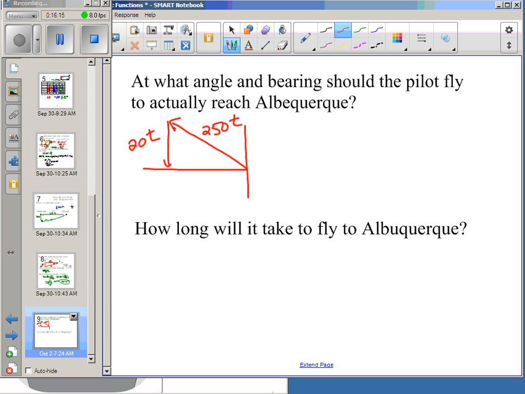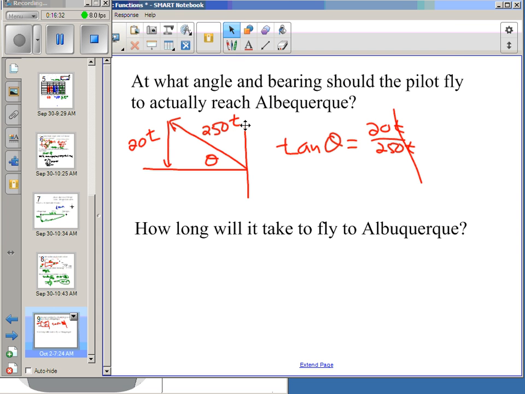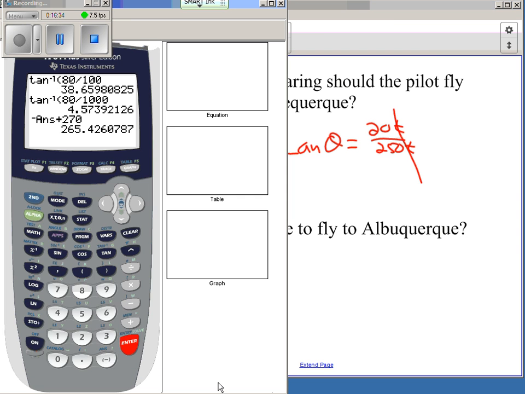I want to know what the angle should be. So for any t, I still have this right triangle of 250 and 20, and so my angle, tangent of theta, is going to be 20t over 250t, or those would cancel, and so my angle for this will be inverse tan of 20 over 250.